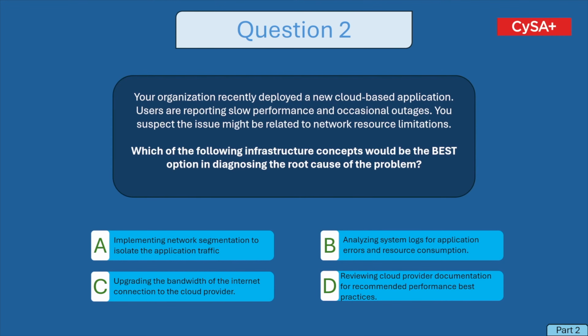It wouldn't be C. That wouldn't diagnose the root of the problem. And technically D could potentially work, but B is just a better overall answer. It gets to the root of the problem, which is what the question's asking here. So I'm going to go with B.